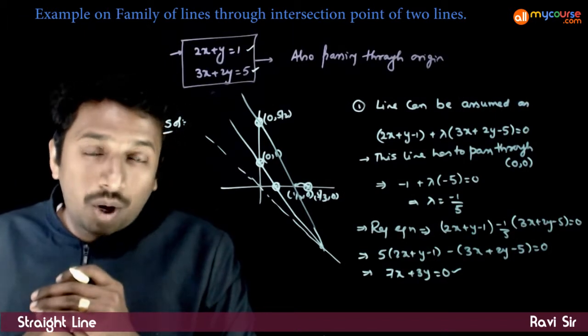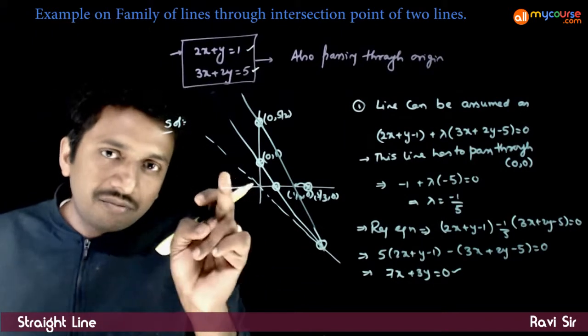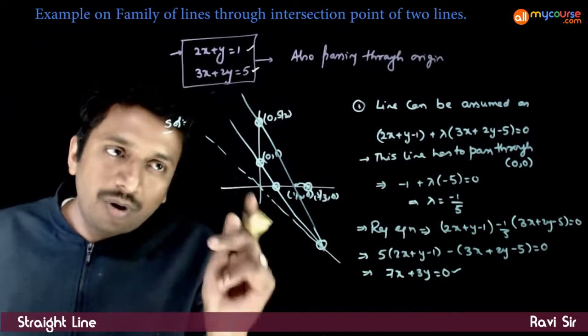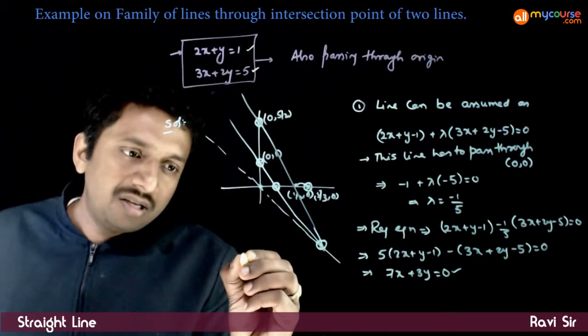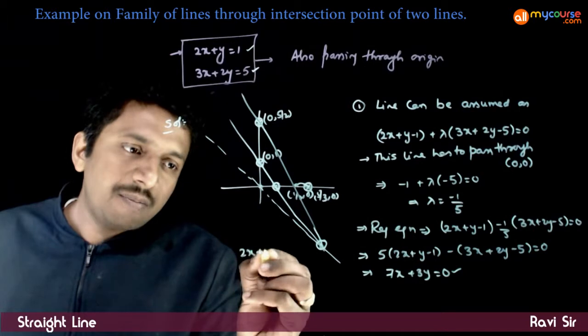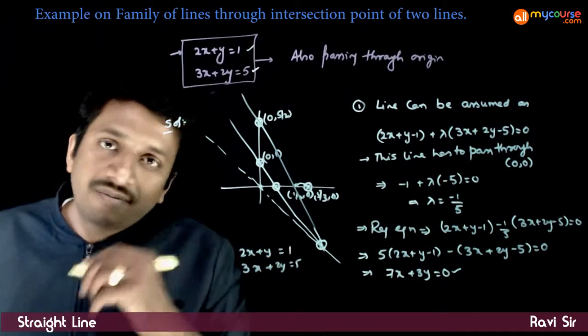For that, what I do is I'll actually find this point of intersection and find the equation using the 2-point form. So let me solve this equation. 2x plus y is equal to 1, 3x plus 2y is equal to 5.